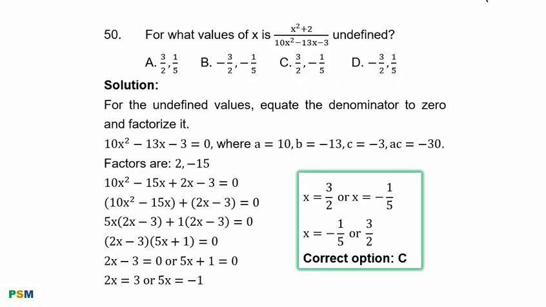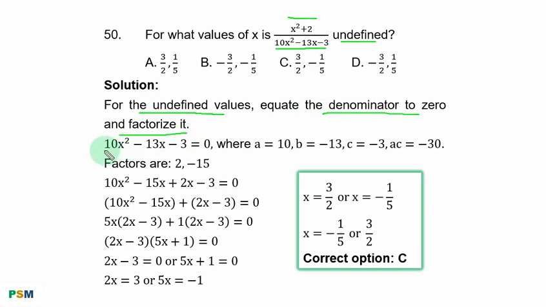Question 50. For what values of s is s squared plus 2 over 10s squared minus 13s minus 3 undefined? Solution. For the undefined values, equate the denominator to 0 and factorize.